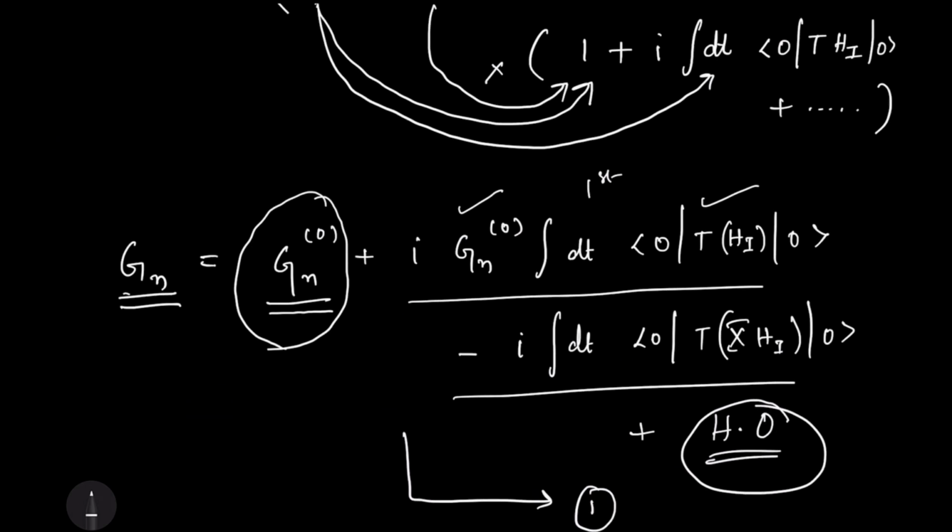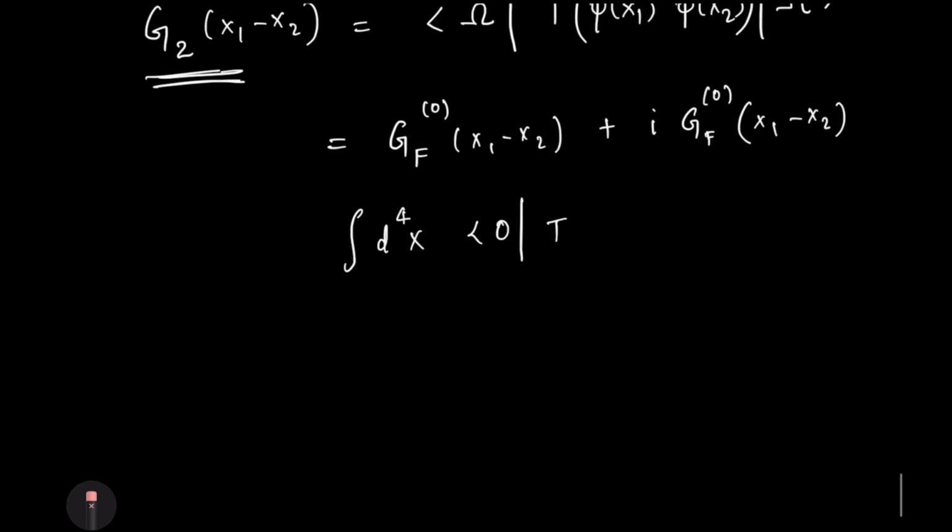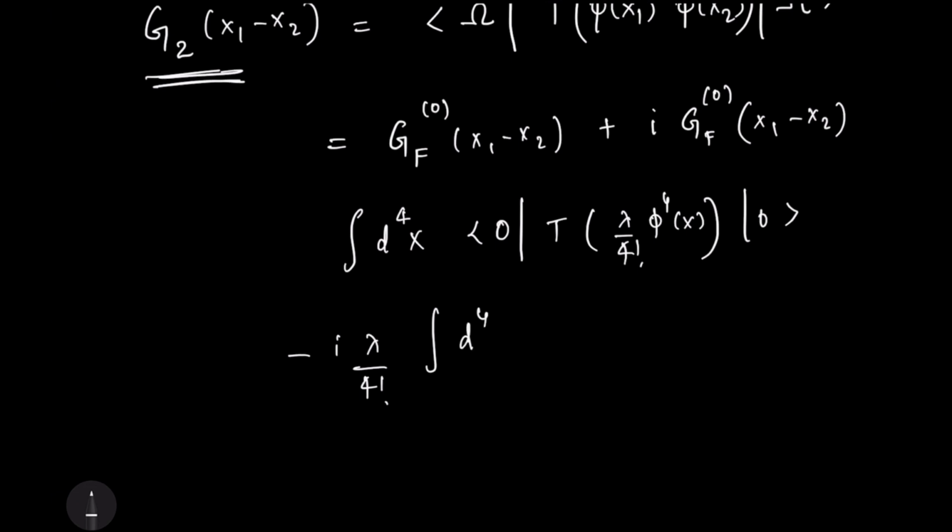Now the time ordering of the interacting Hamiltonian, this term. What is the interacting Hamiltonian? H_I is lambda by 4 factorial phi raised to 4, so it is minus i lambda by 4 factorial integral d4x.